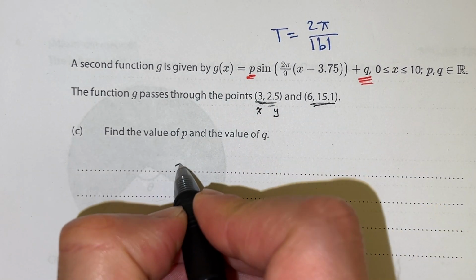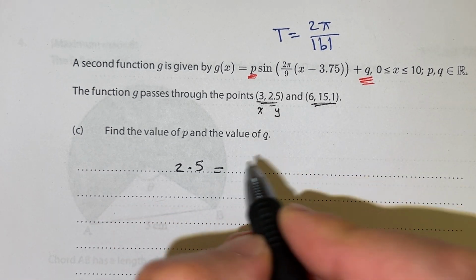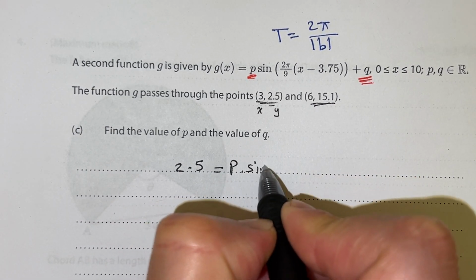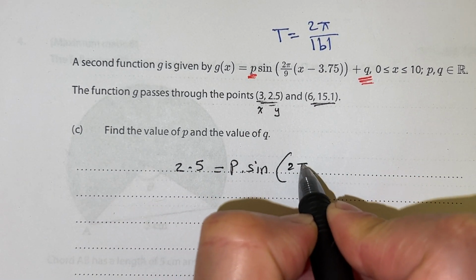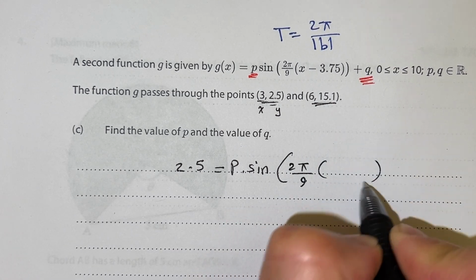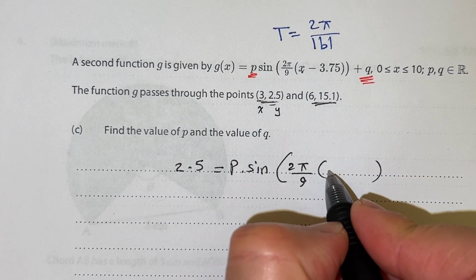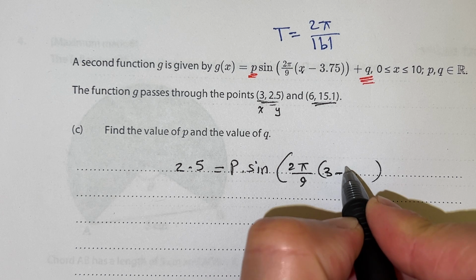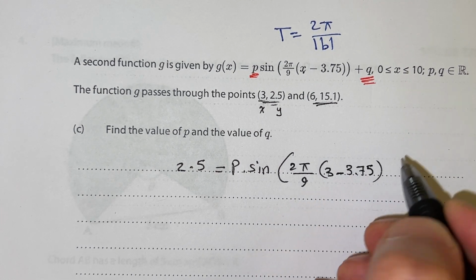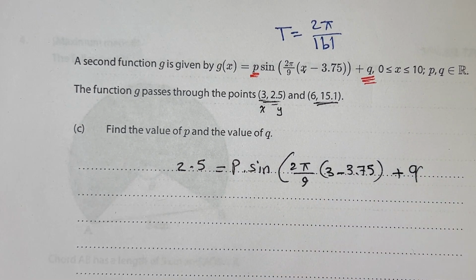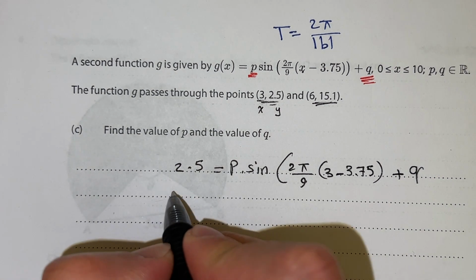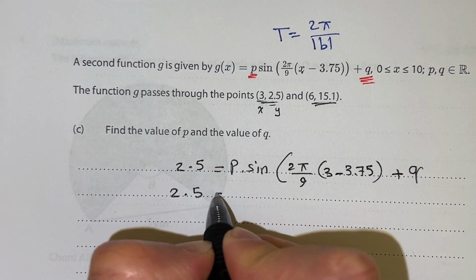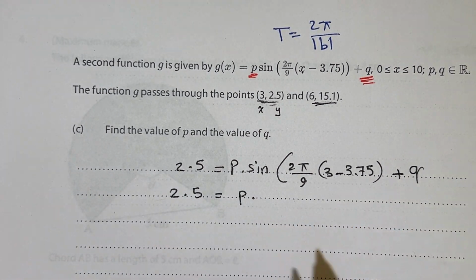y is 2.5 equals p times sine of 2 pi over 9 times x, let's plug in 3 minus 3.75, plus q. So it's going to be 2.5 equals p.